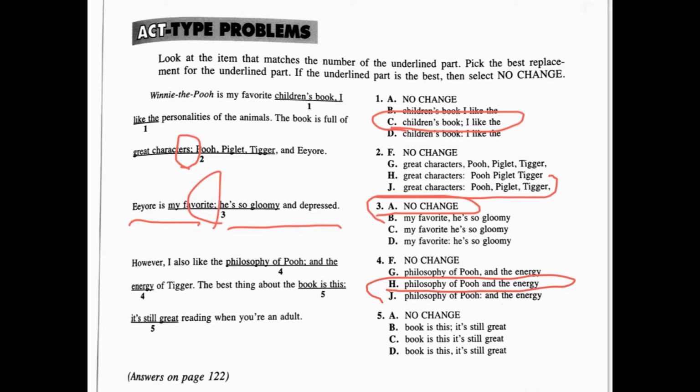We have two. We don't need any punctuation between two elements of a compound object. Number 5 is A. No change is necessary.